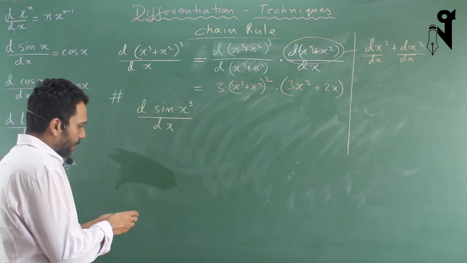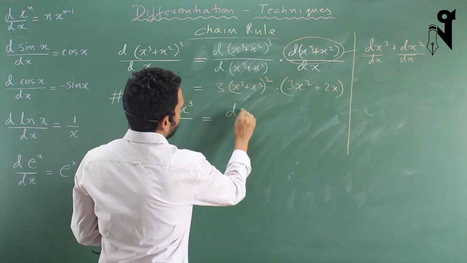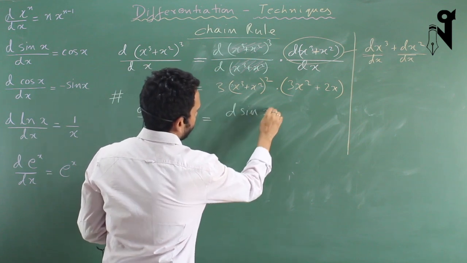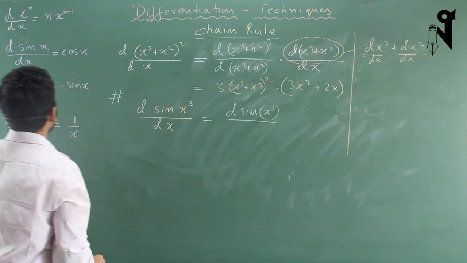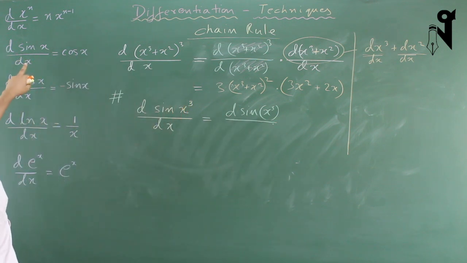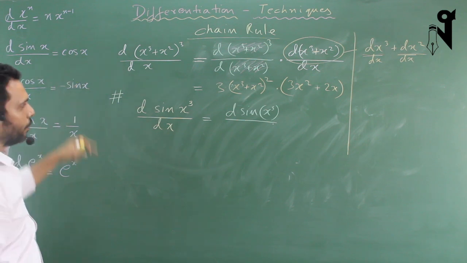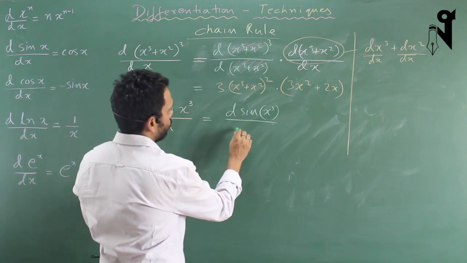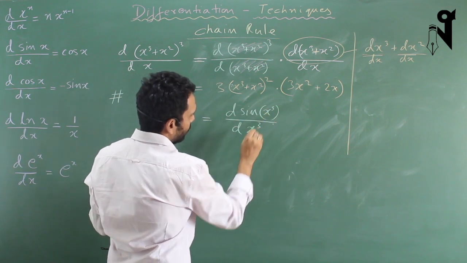That is what I'm saying in my head. D of sine of something. I'm not even reading what that thing is. Sine of something with respect to that thing has an answer in the formula. So I wish the differentiation was with respect to that thing. What is that thing? X cube.